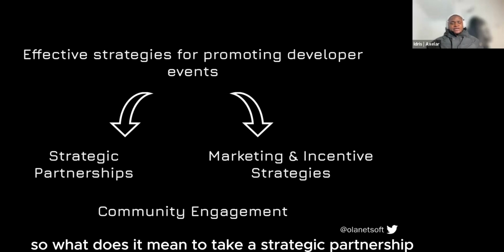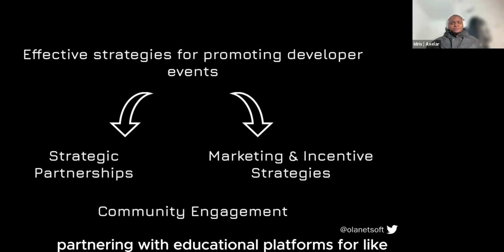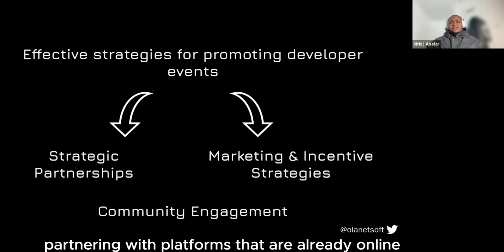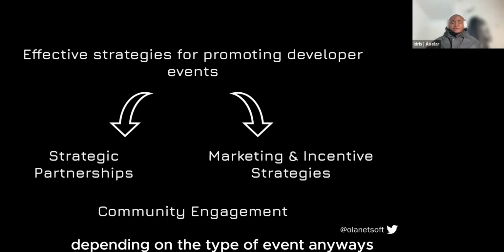So what does it mean to make a strategic partnership? The first thing to think through is partnering with educational platforms, or platforms that are already online and visible, and also collaborating with others, depending on the type of event anyways.